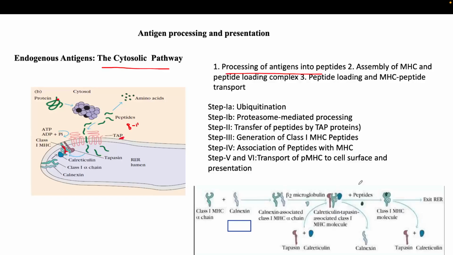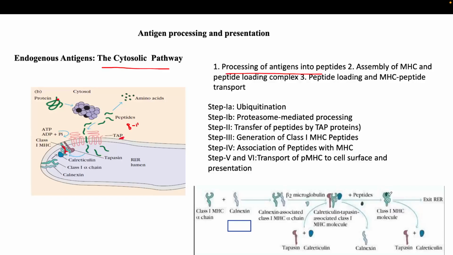Okay, so once the peptide comes inside the endoplasmic reticulum, the peptide will bind to the MHC1 molecule, and these chaperones will be sequentially removed from the class 1 MHC molecule.